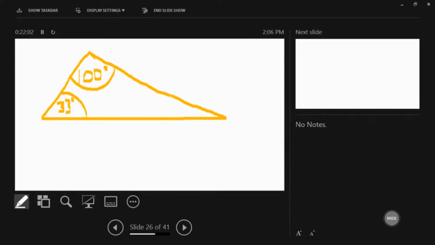And we want W. First of all, tell me what kind of triangle it is. What kind of triangle is this that we're looking at? And how do we know? Somebody, anybody tell me. What kind of triangle are we looking at?